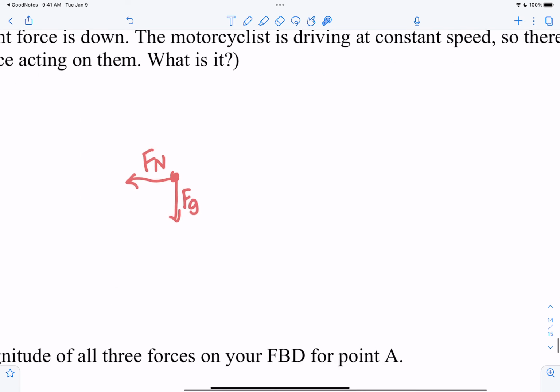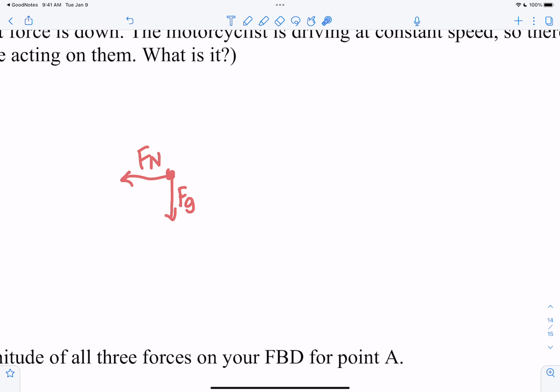Now, based on what you see here, there's a force in the x direction. There's also a force in the y direction. So things aren't quite all dependent on normal force, because technically, it's like having a net x force and a net y force.